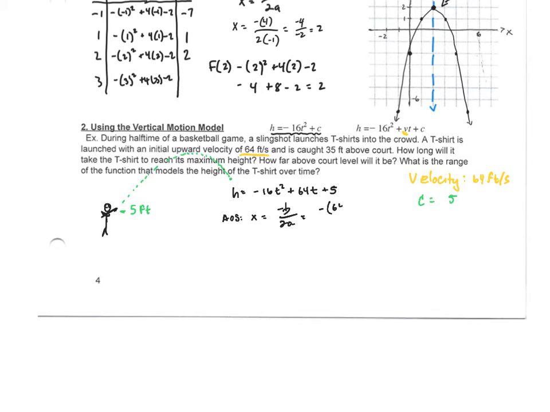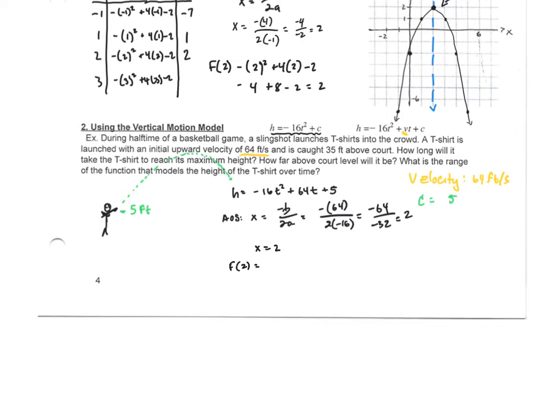So I have negative 64 over 2 times negative 16, negative 64 over negative 32, and that gives me 2. So it looks like 2 seconds might be the axis of symmetry. So x equals 2, and that's the point where it climbs and then falls.